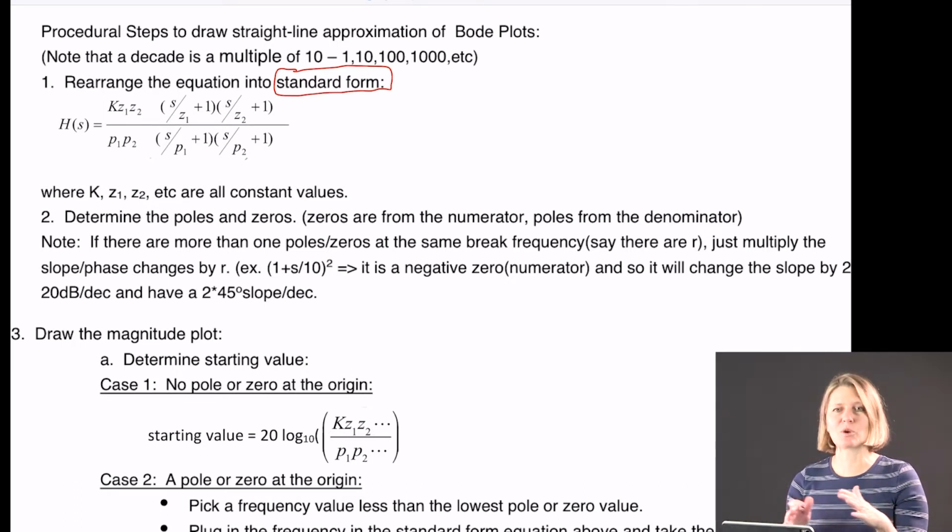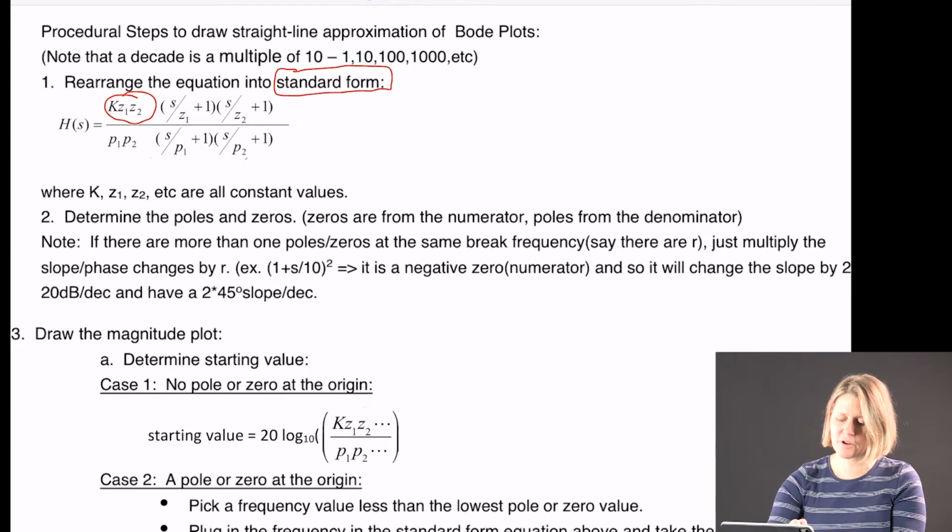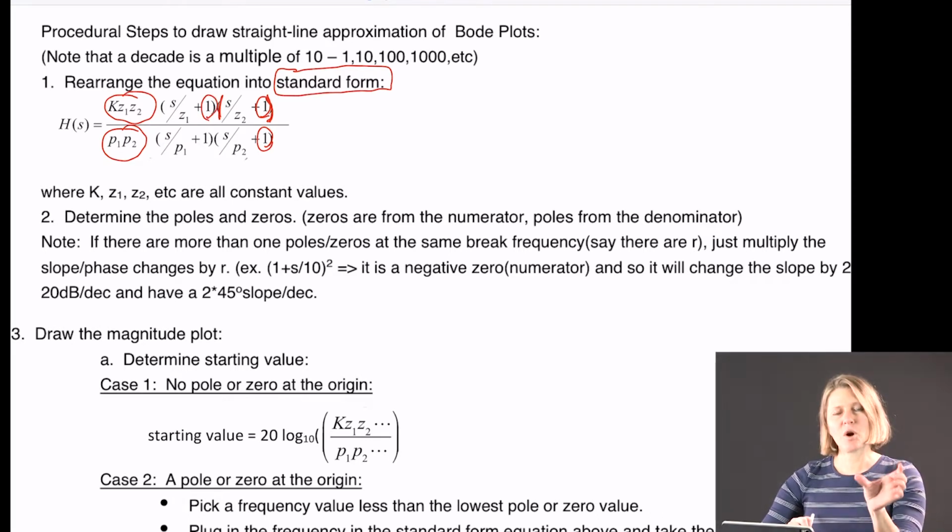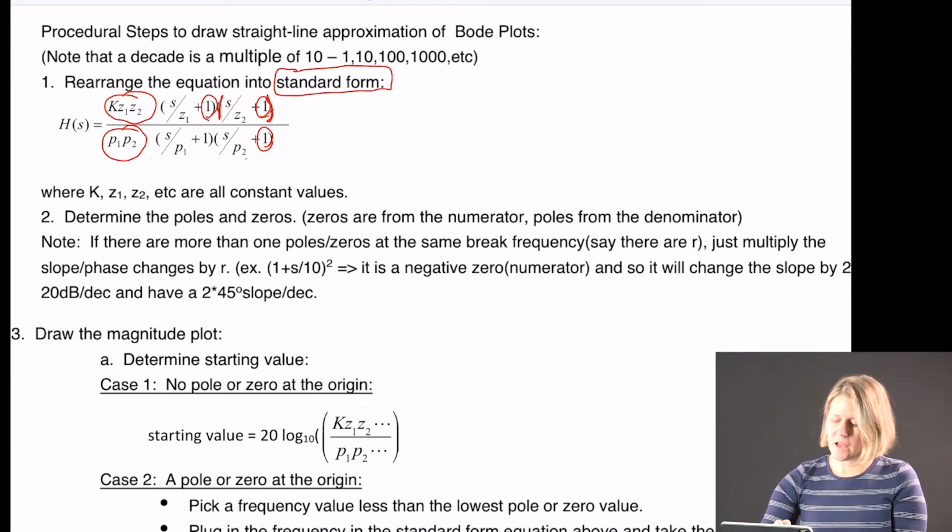So we have a whole bunch of number coefficients out in front of the equation, and then each term we want to be a +1. You want to make sure all of the values in that quantity are S over some number, +1. The top ones we call the zeros, and the bottom ones we call poles.